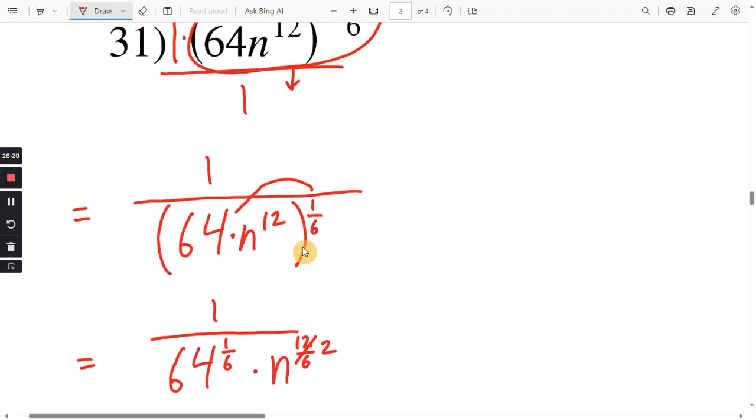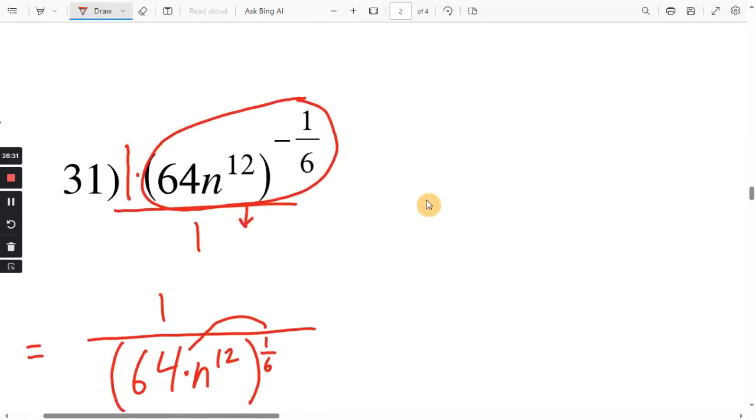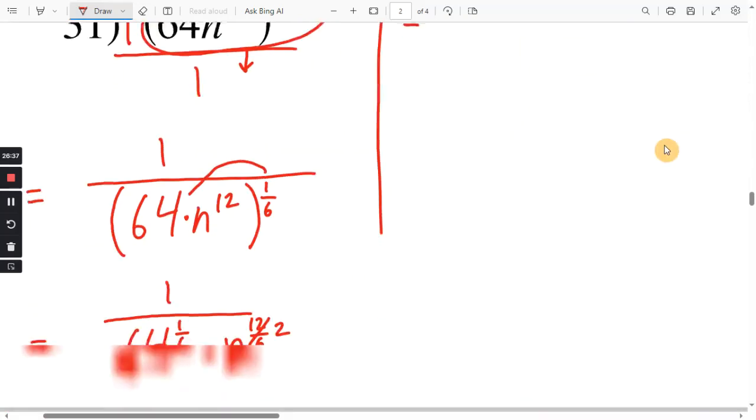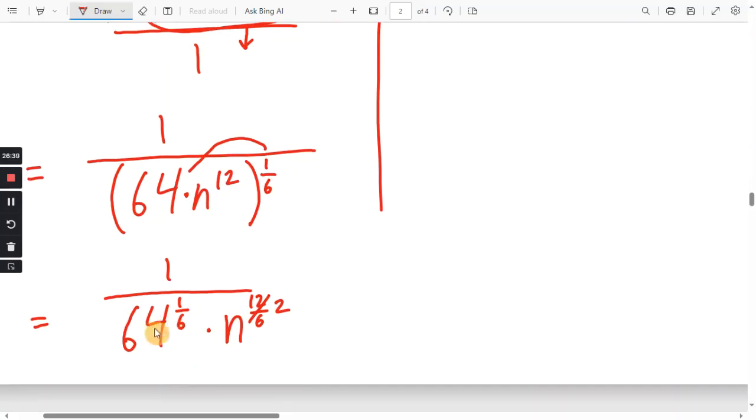So let's see what we could do here. We have a 1 in the numerator, and we have 64 to the 1/6. So the 6 is going to be the root, and the 1 is going to be the exponent. That's applied to the number 64.